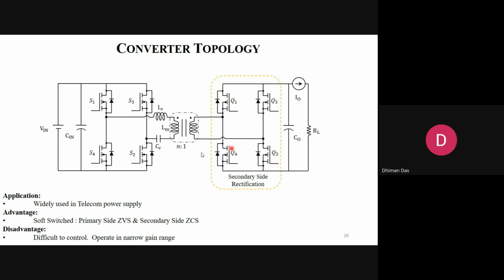The regulation is very difficult, and you cannot have a very wide gain compared to other converters. And here the control parameter is frequency. If you increase the frequency, attenuation will happen. If you decrease the frequency, you can gain some voltage.